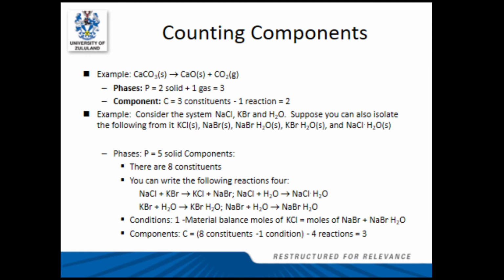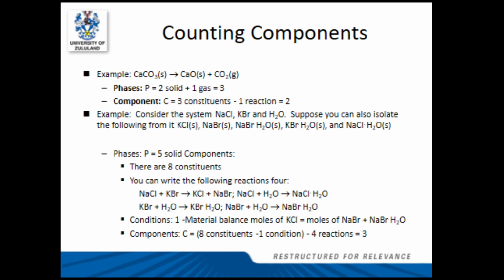So how many phases do we have in this reaction? I think we have to look at our system. The first statement says, consider the system: sodium chloride, potassium bromide, and H2O. For sodium chloride, we are not sure whether it's solid or liquid. Potassium bromide, we are not sure whether it's solid, liquid, or gas.